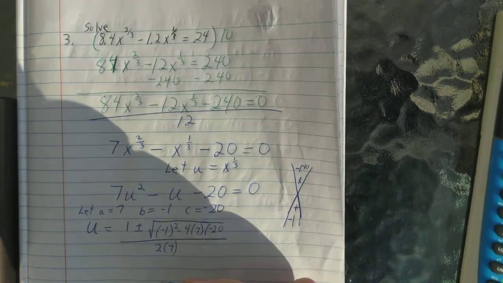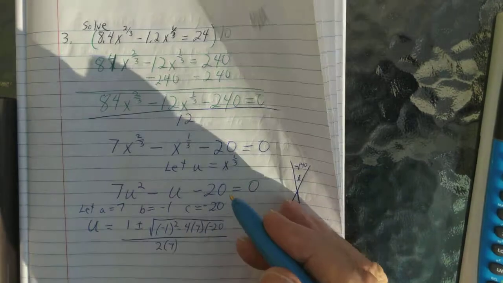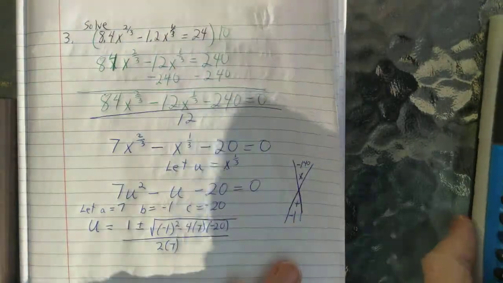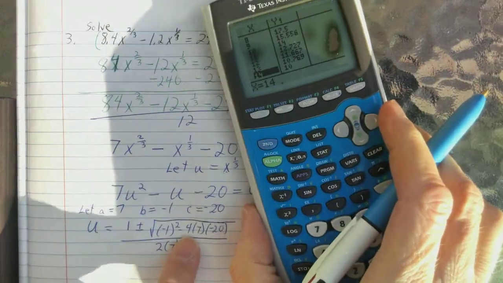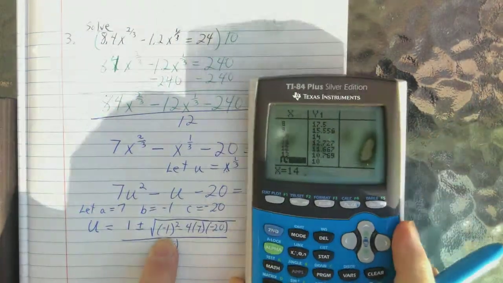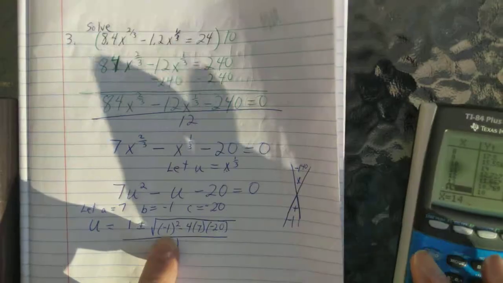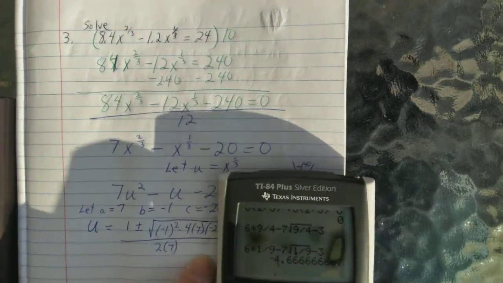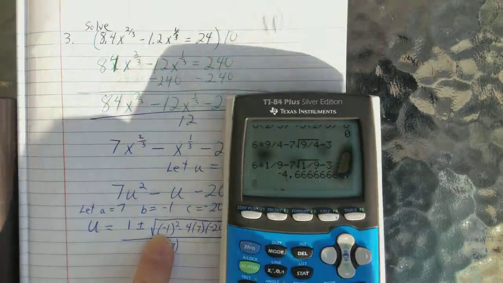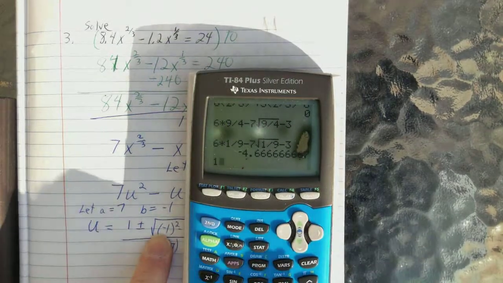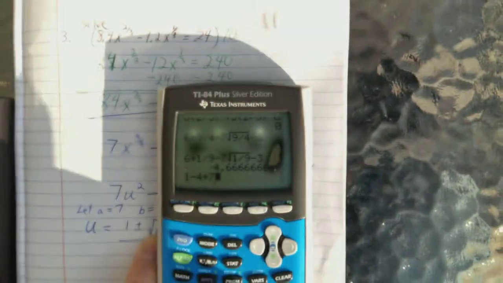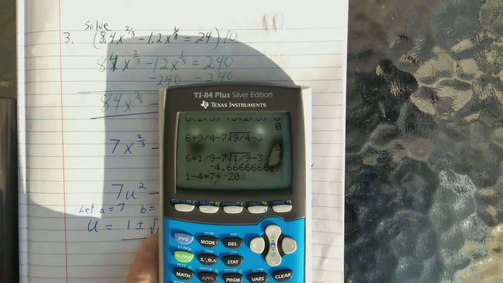What is this? This is 1 minus 4 times 7 times -20.